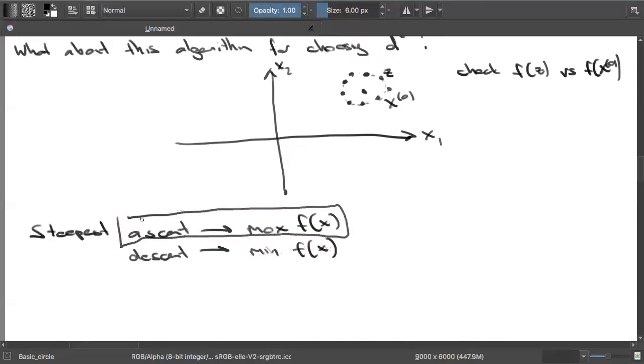So let's think about maximizing f of x. My direction is going to be grad f of x_{i-1}. So wherever I am, I'm going to take the gradient, and I'm going to move in the direction of the gradient.